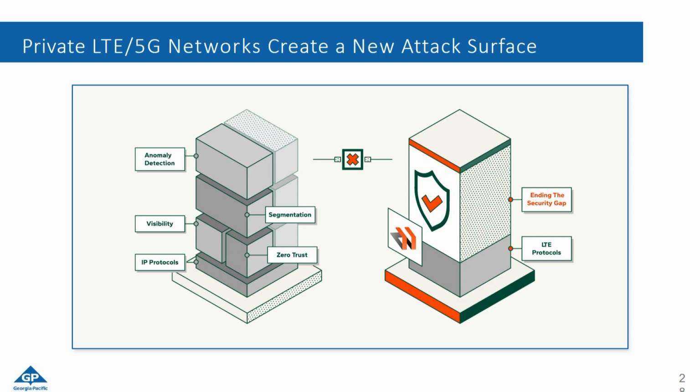To wrap up, the building blocks that were detected early on, applied in the private cellular environment, were covered by deploying the solution. The security gap we were looking to cover, the visibility, the segmentation, the lateral movement, all of that was addressed.